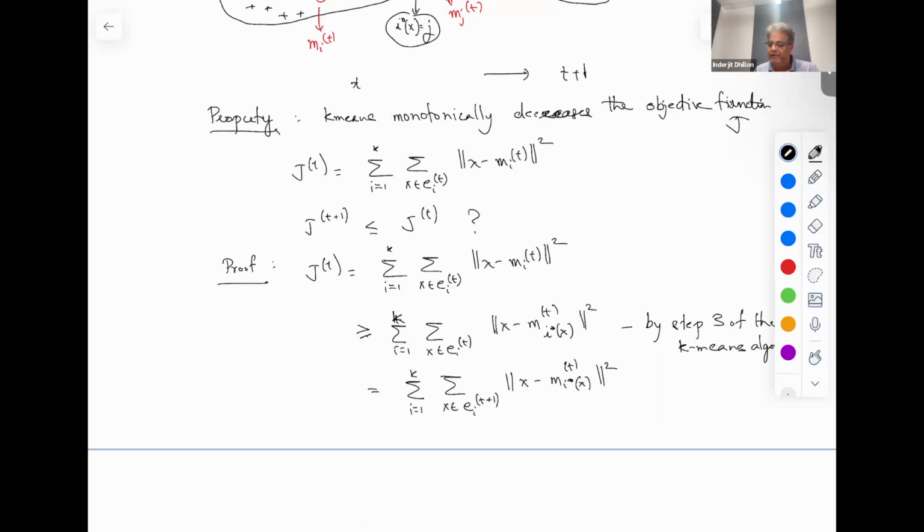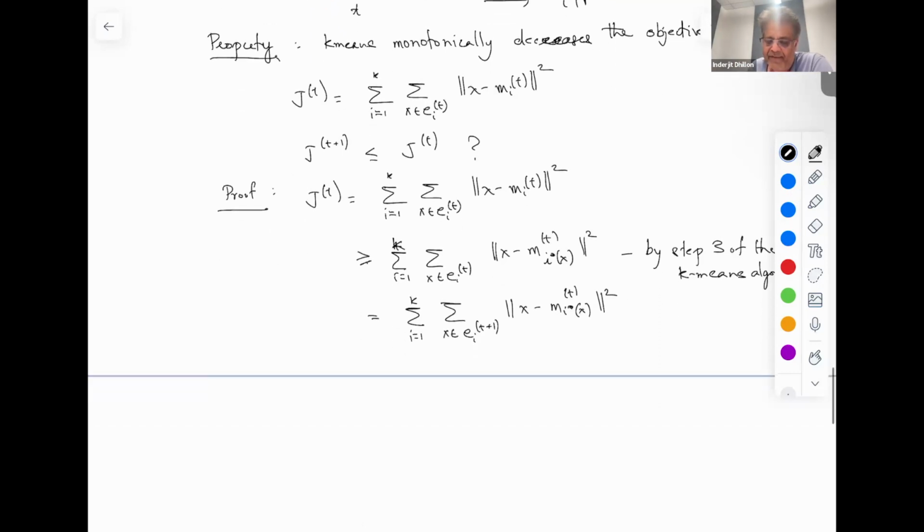But suppose I have a collection of vectors y1, y2, up to yn, and I try to solve this problem: minimize over z the summation of i equals 1 through n of the norm of yi minus z.